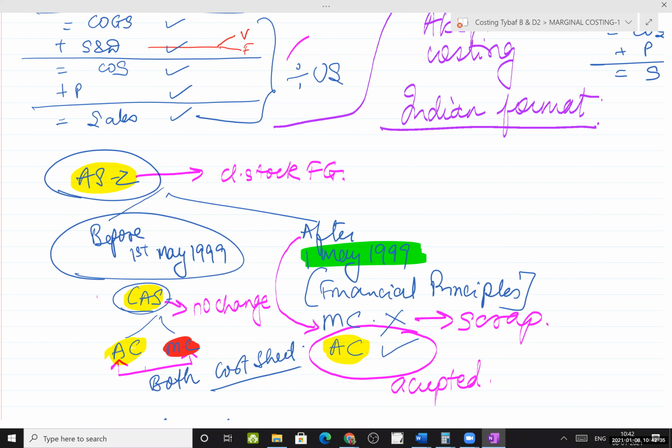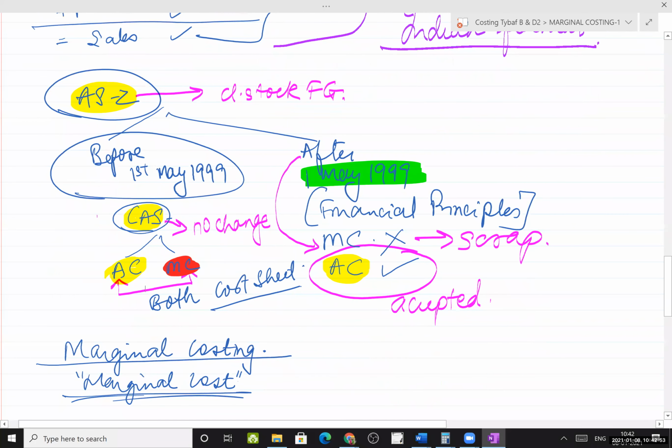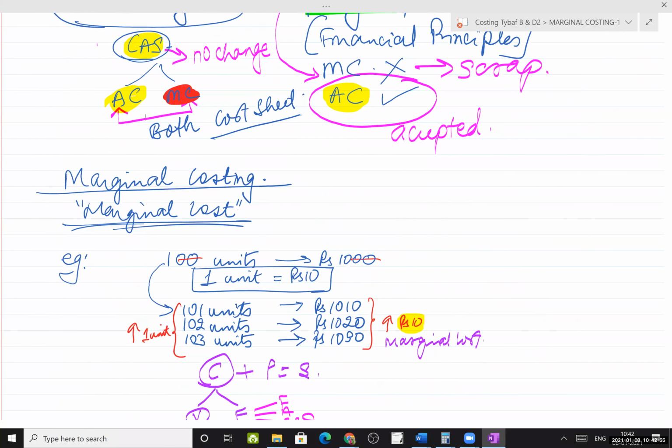If it is decreasing, then it will decrease. Okay, ये तो definition हुआ. This is the definition of marginal cost. So to understand what is marginal costing, you should understand what is marginal cost first. Okay, right? So let me take you to this example.